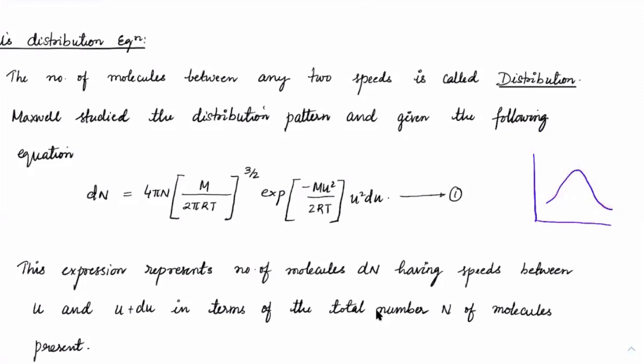Now if I represent that in a mathematical format, I will get a formula. If I take particles between speeds u and u plus du, how many particles do we have? dn particles. So this is a generalized formula for the distribution pattern.